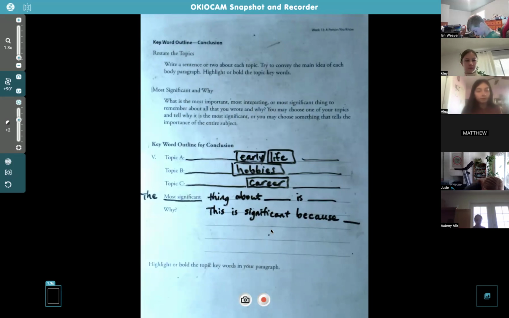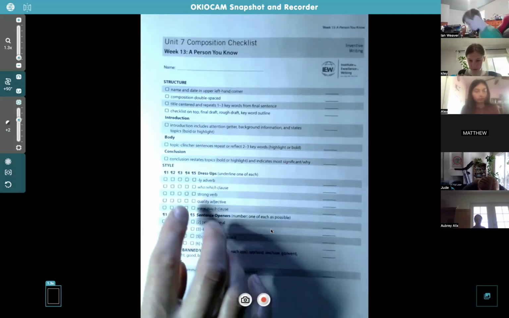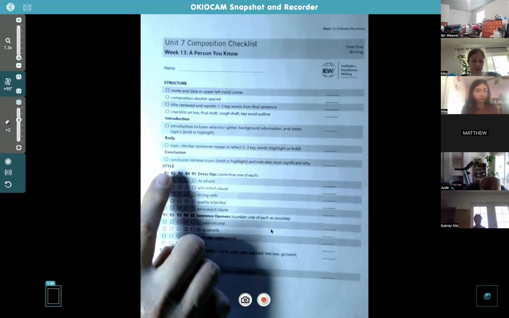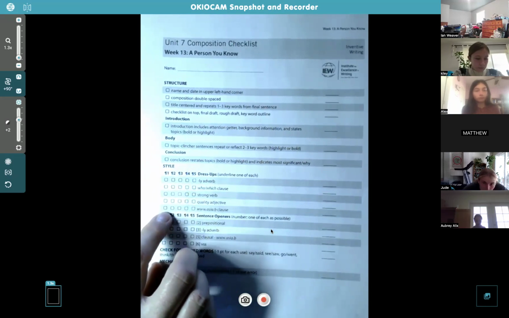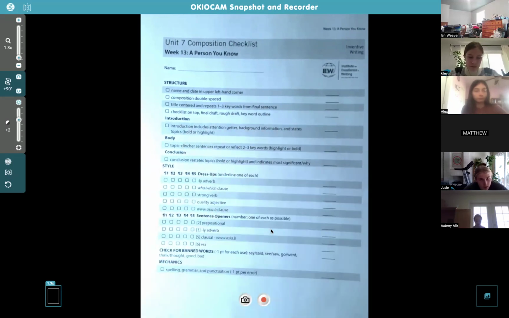Do we have to use the checklist, the dress up words for the conclusion and the introduction? Yes, you still have to do this part down here. You see how it has paragraph 1 and 5. So paragraph 1 is the introduction. And yes, those words still have to be in there. In the conclusion, the only part that's different is the topic clincher.